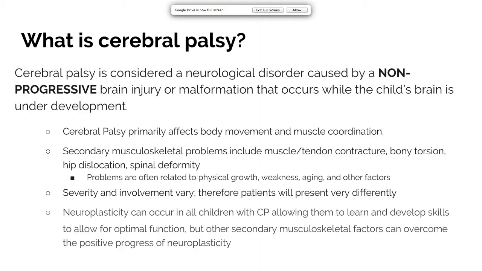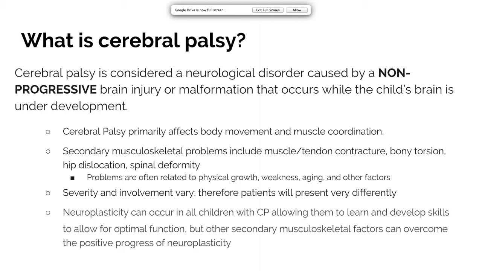In the upper extremity, the areas with increased tone are often the elbow flexors, the shoulder internal rotators, the forearm pronators, and the wrist flexors. Along with excessive tone in the extremities, most children will also present with reduced tone, also called hypotonia, in the core and abdominal regions.